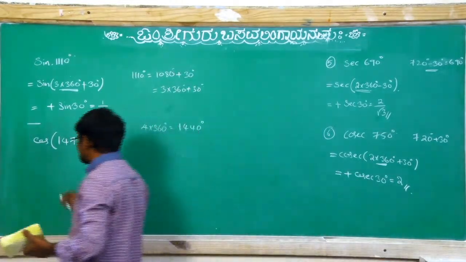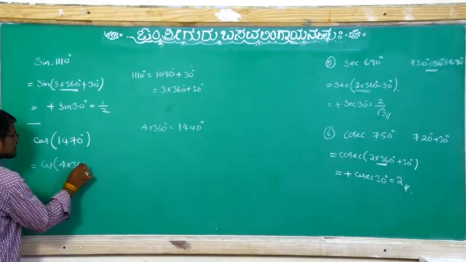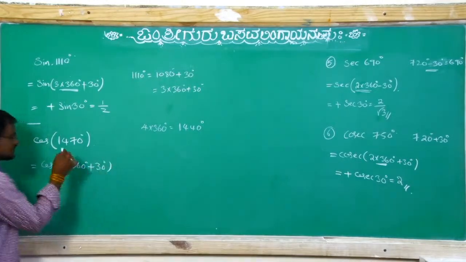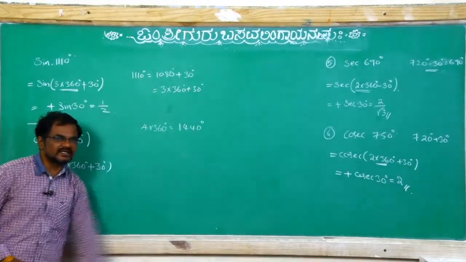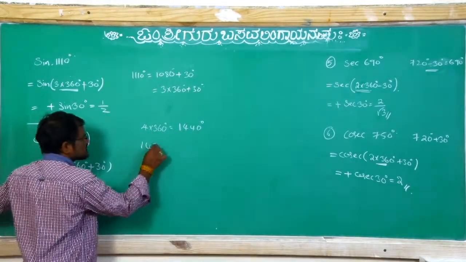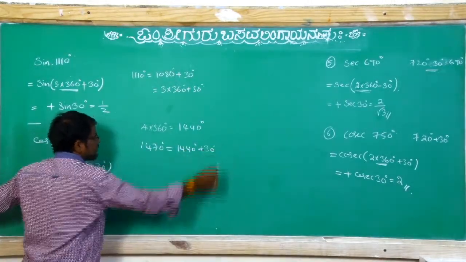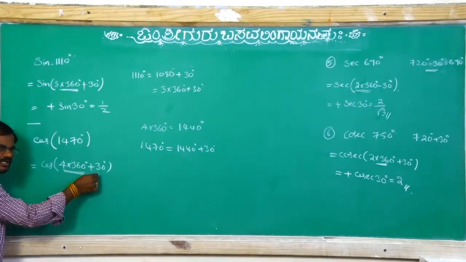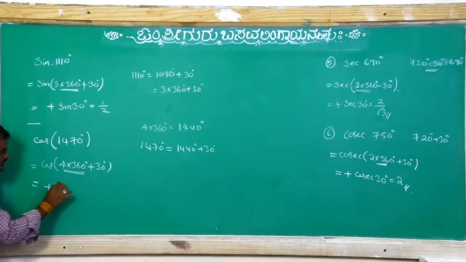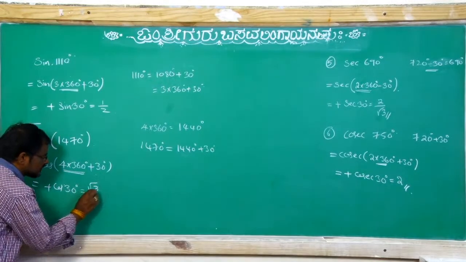Now this can be written as cos of 4 into 360 plus 30. So this 1470 can be written as 1440 plus 30 degrees. That is equal to multiple of 360 plus is there. First quadrant cos positive. So at 360 cos does not change. Cos 30 value root 3 by 2.